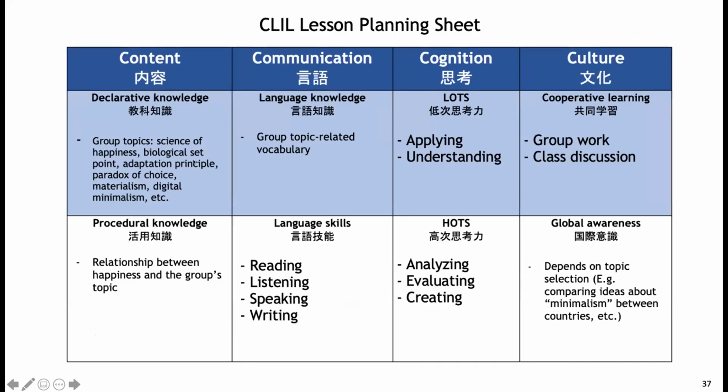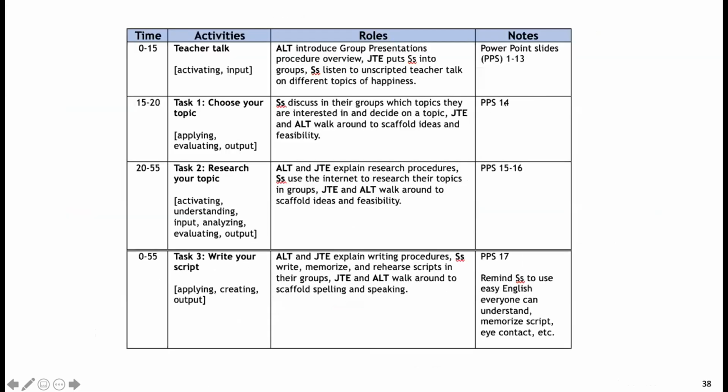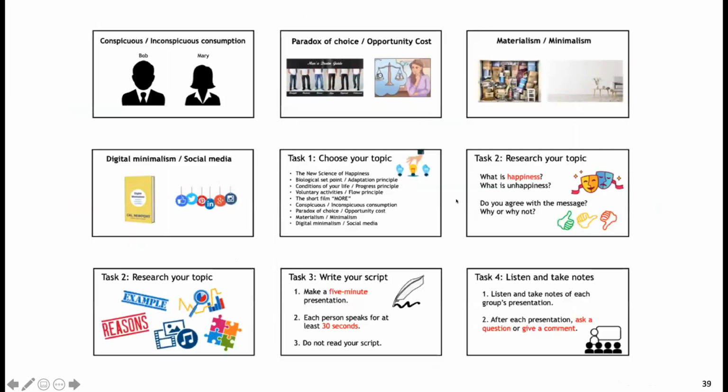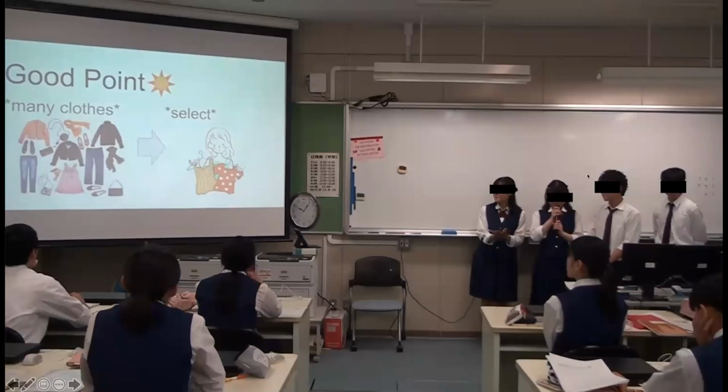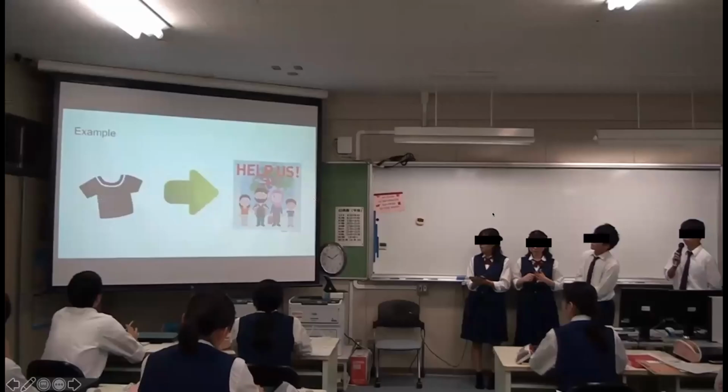And here's one of the final lessons, the student presentations. So for these lessons, the students choose a topic they're interested in, which was covered in the unit. And then they research their topic and then they write a script. And then the students created a PowerPoint and presented in their groups.